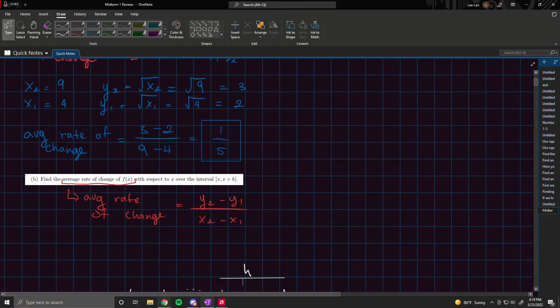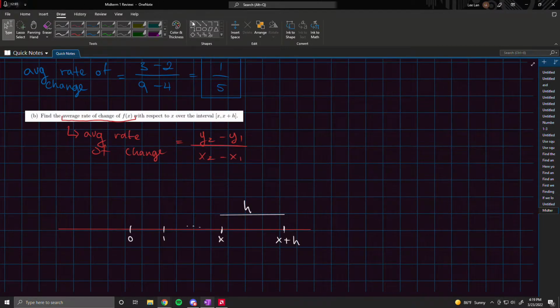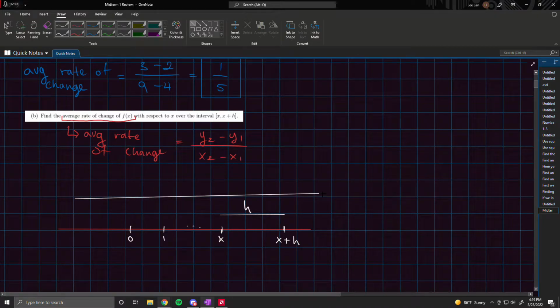So if we go back to our previous problem, I already erased it, but it was like 3, 4, and then 9. Well, this distance from 4 to 9 is 5, right?